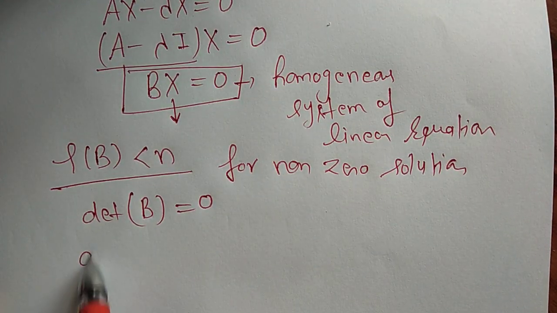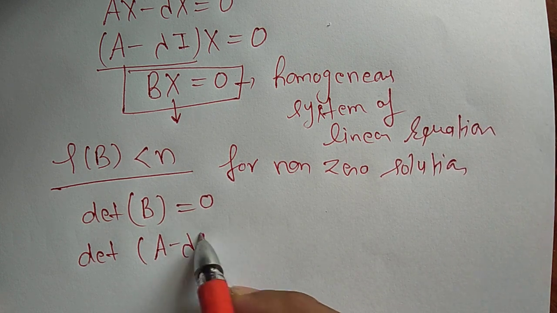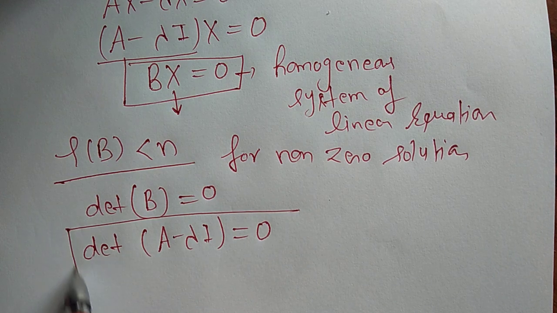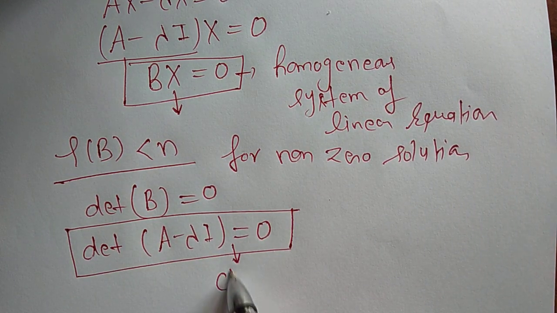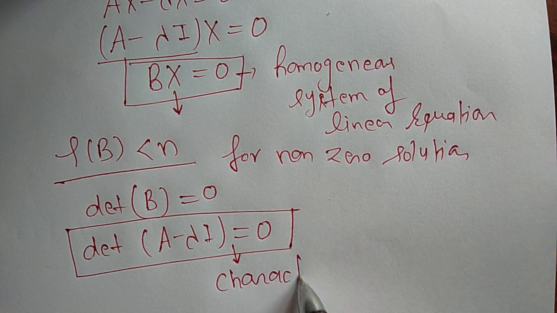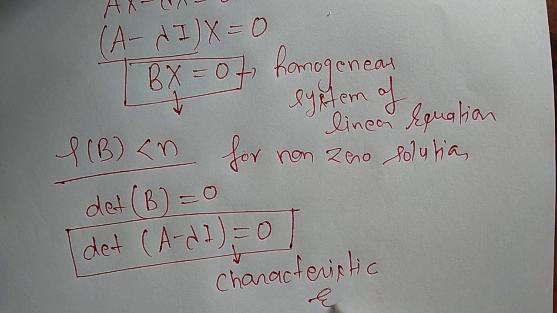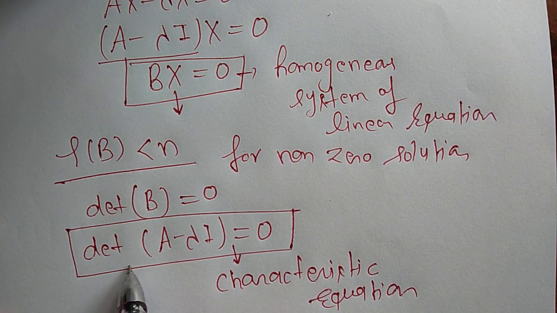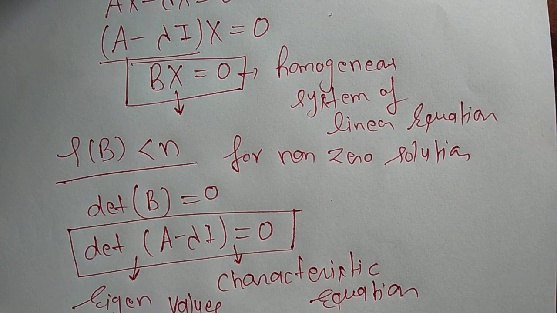So determinant of B, that is determinant of (A minus lambda I), equal to 0. This is the characteristic equation. This equation will give the eigenvalues.